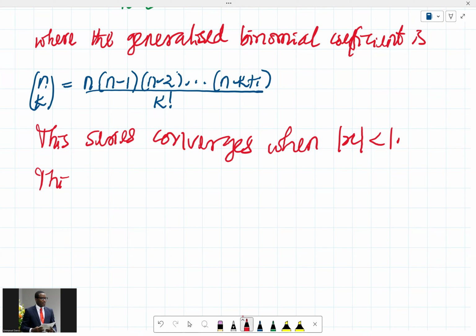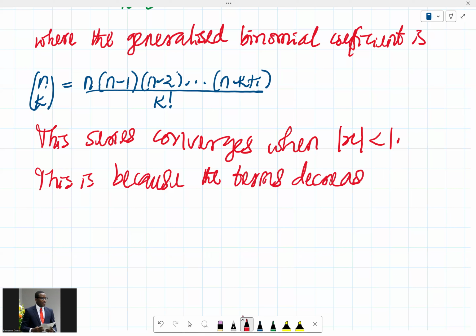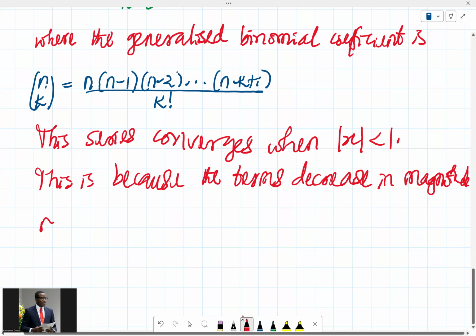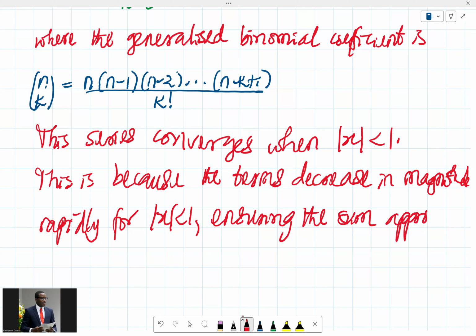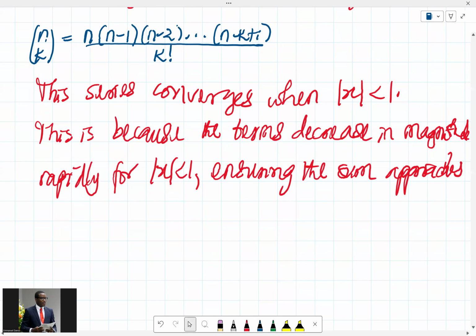And this is because the terms decrease in magnitude rapidly for absolute value of x less than 1, ensuring the sum approaches a finite value.